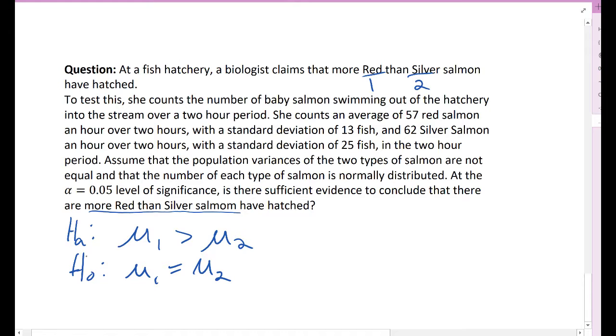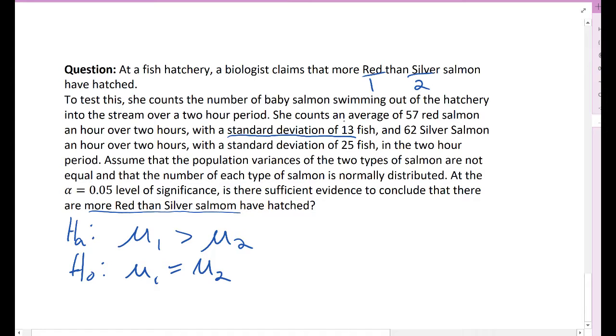Now we need to start thinking about what type of test we need to perform. We have 2 samples, and they're independent. We can't have both red and silver salmon, so they're 2 separate groups, 2 separate samples. So it's either going to be a 2 sample Z or a 2 sample T. The difference is the population standard deviation. It is true that they give us a standard deviation here, but you have to use your context clues.